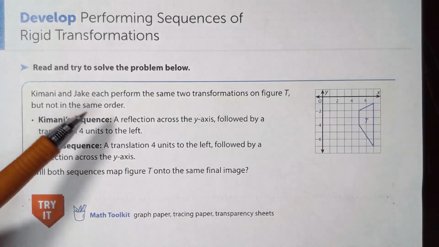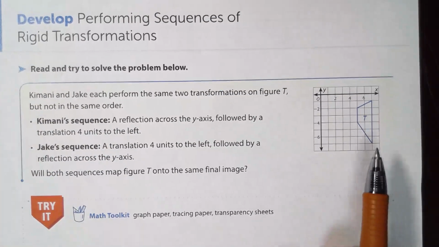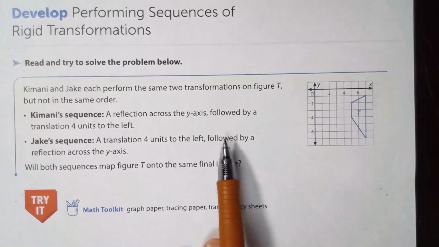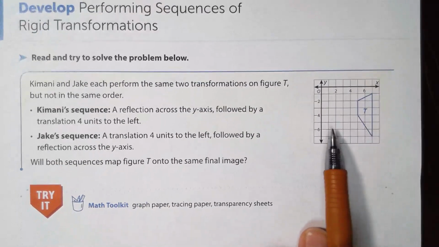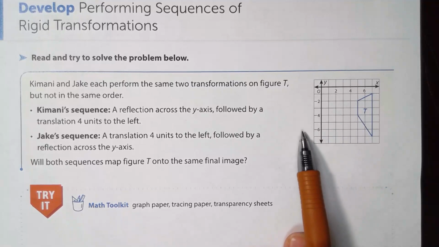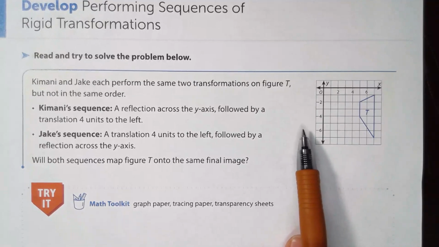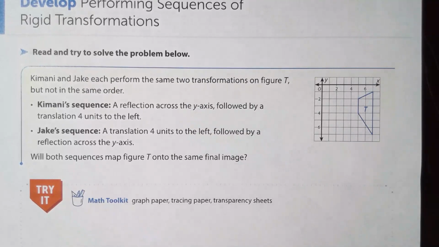Kamani's sequence: he reflected over the y-axis, followed by 4 units to the left. Jake's sequence is 4 units to the left and then reflect over the y-axis. Will the sequences map figure T onto the same final image? I hope you already know the answer.